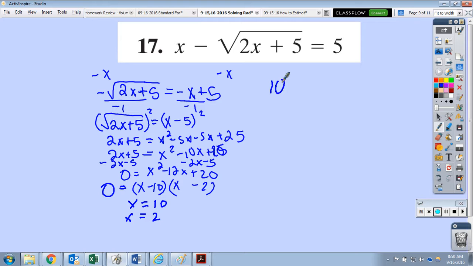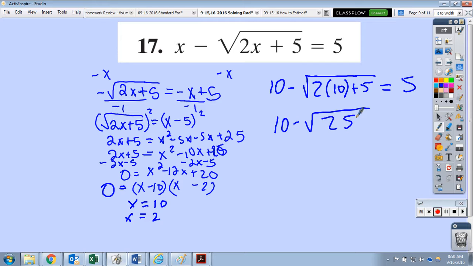So we have 10 minus root 2 times 10 plus 5. Does that equal 5? Christian? Please help out. So if we simplify this, 10 minus root 20 plus 5, that's 10 minus 5 equals 5.